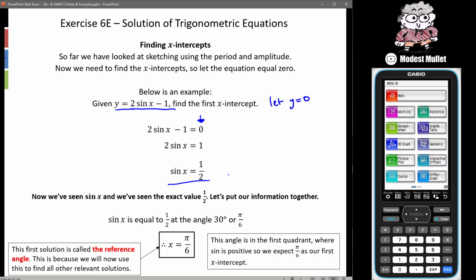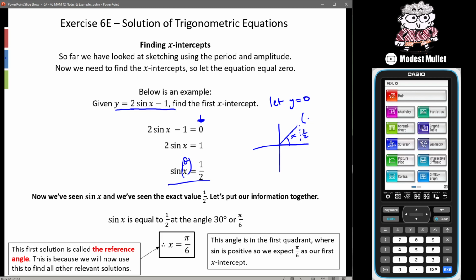And if we remember our exact values, what is this saying? Well, this is an x in here. We could also think of that as theta. Anything inside a sine, cos, or tan is an angle that we're putting in here. What angle, in this case the angle is technically called x, gives us a vertical component of half, or a y value of half.